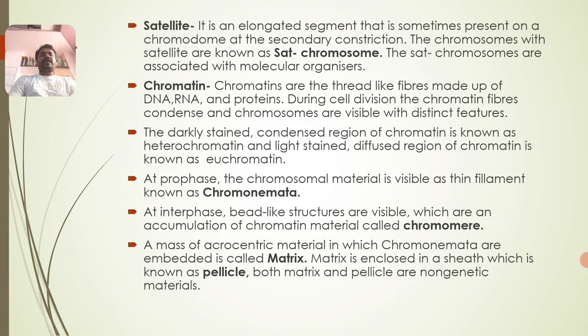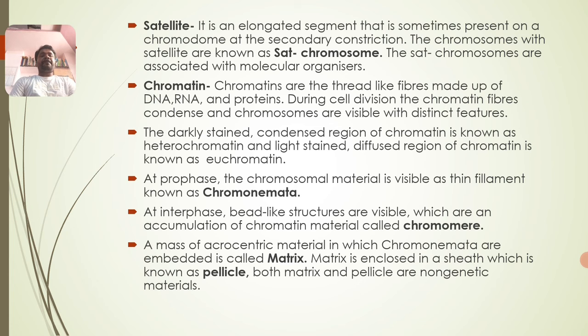And the last one is the mass of achromatic material in which the chromonemata are embedded, called the matrix. They are present inside this material. But the matrix is enclosed in a thin layer, a sheath, which is known as the pellicle.